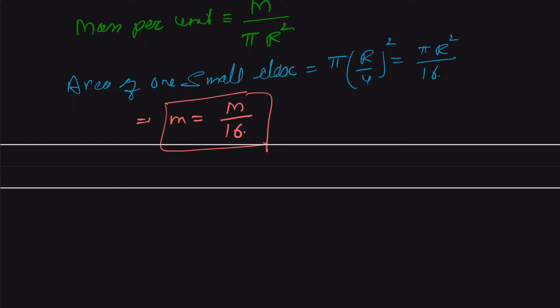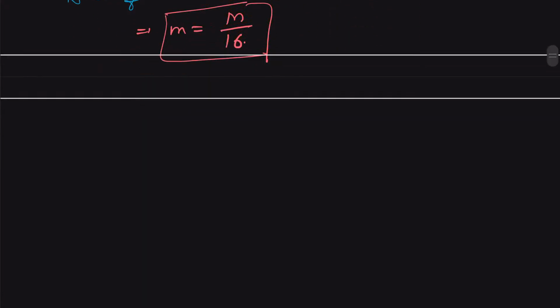Therefore the moment of inertia of one small disk about its own center, and please remember this is our small disk, this is its center, and let us call this axis b prime. The axis about which we are going to find the actual moment of inertia is a prime.